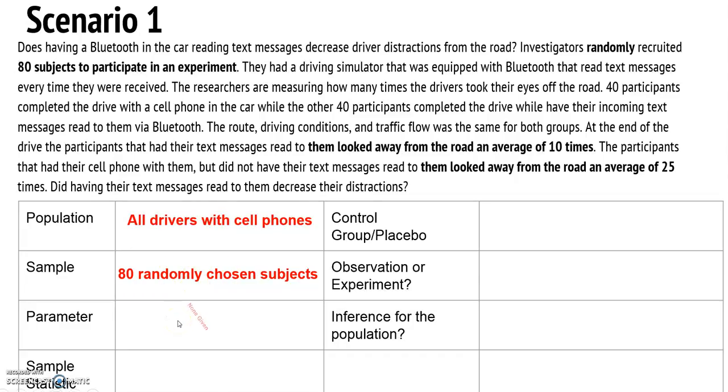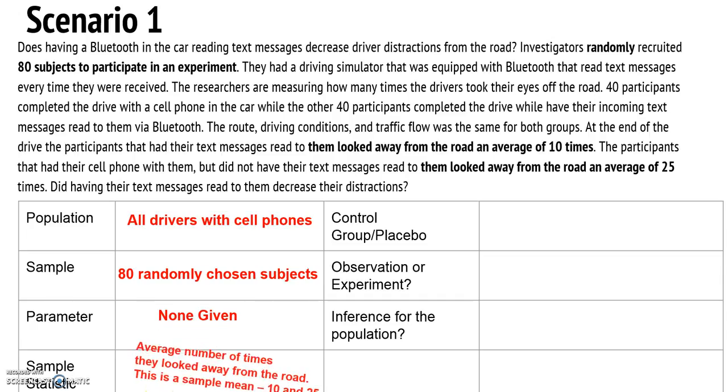The parameter is we're actually not given any numbers associated with the population. But we could say the parameter of interest, what number are we interested in, is saying, do text messages decrease their distractions? So the number of text messages read, if they are given a Bluetooth or not given the Bluetooth.